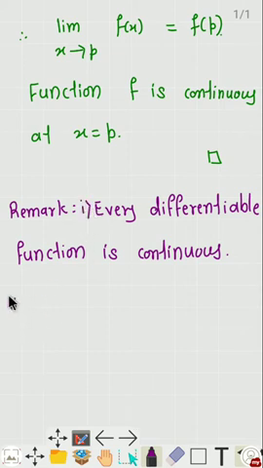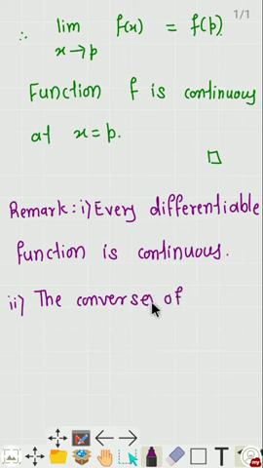Second remark is the converse of this theorem is not true.